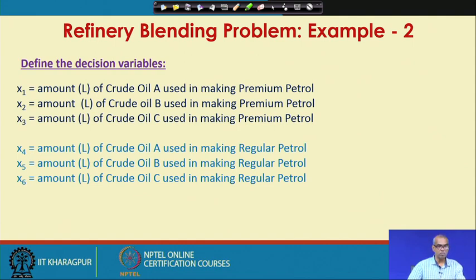So, x 1, x 2, x 3 are amount of crude oils A, B, C respectively for making premium petrol. Similarly, x 4 is amount of crude oil A used in making regular petrol, x 5 is amount of crude oil B used in making regular petrol and x 6 is amount of crude oil C used in making regular petrol.